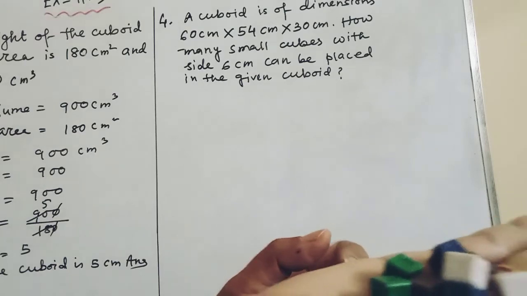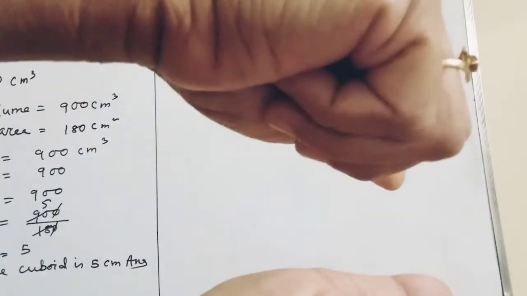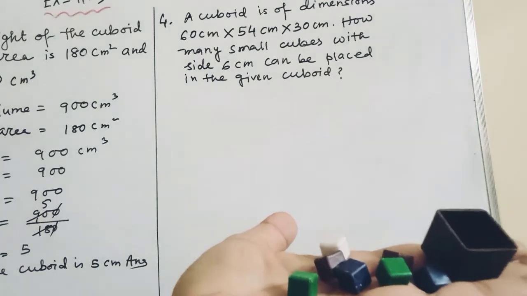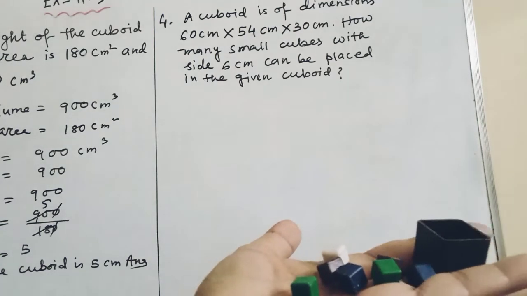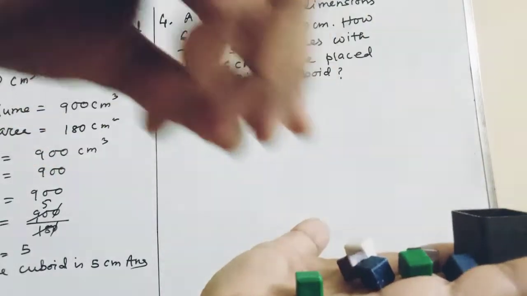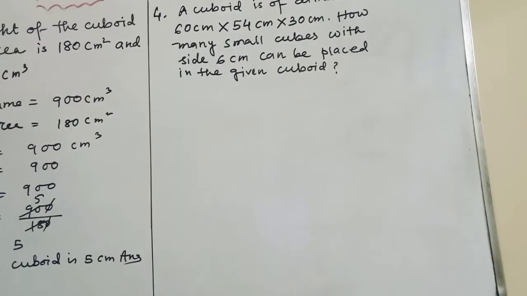Can you see? All the cubes are given here, 6 centimeter. Sides of each cube are 6 centimeter, and they are placed inside the cuboid.